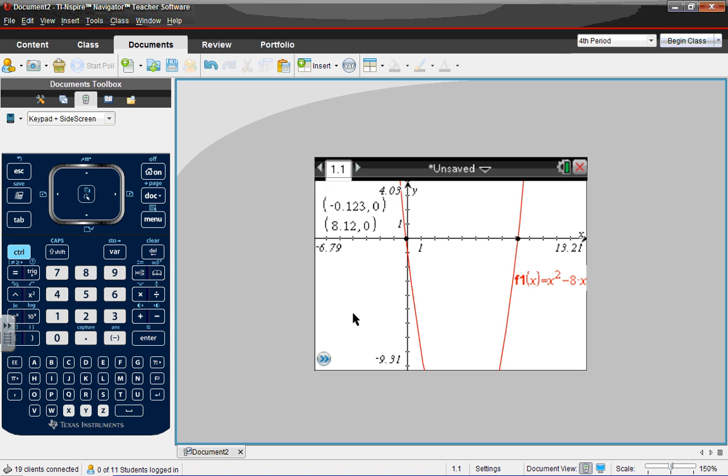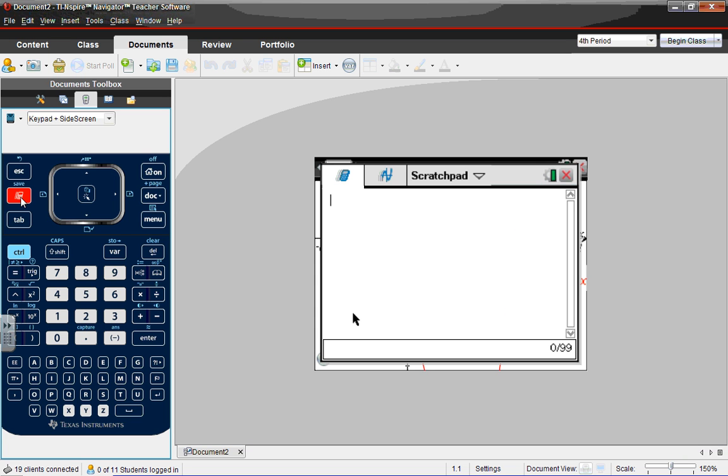Now you can do this two different ways. You can hit your scratch pad and you can say, well, what was 4 plus the square root of 17 decimal-wise? 4 plus the square root of 17. Enter. Is that right?